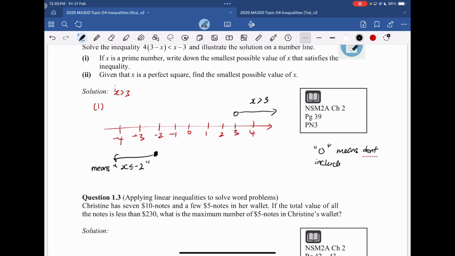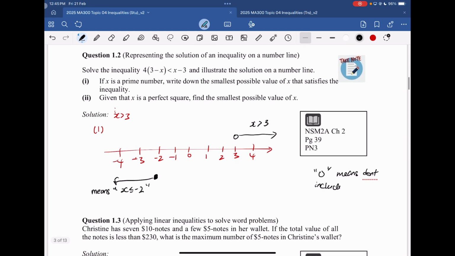Assume write all the negative numbers in this only. If you're talking about question 1.2, only one. You write the smallest one that satisfies the inequality.